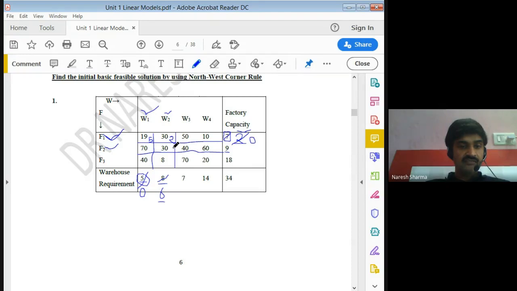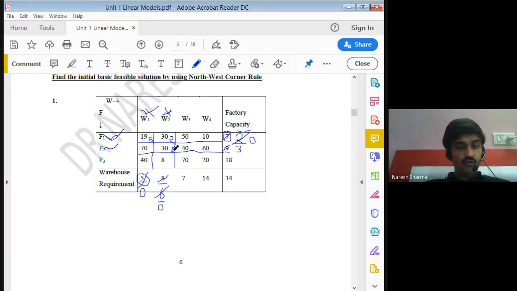So we send 6 units from the second factory to the second warehouse. If we send so, the requirement of this warehouse is also fulfilled. Now 3 more units are available in the second factory.